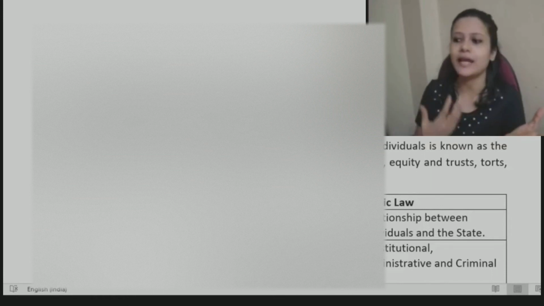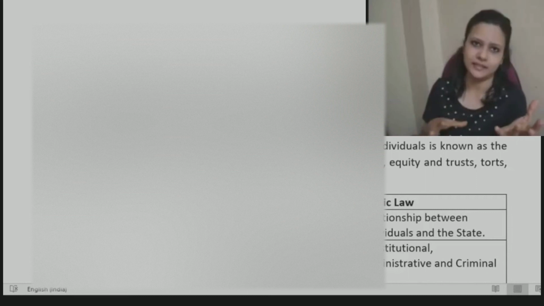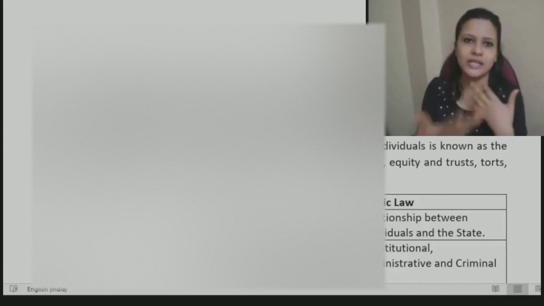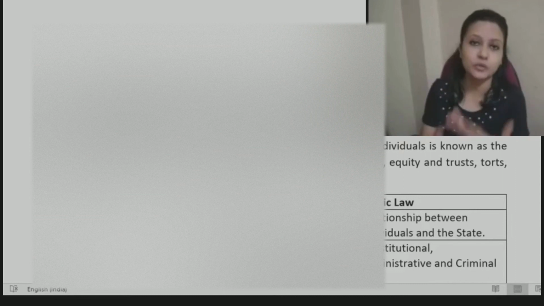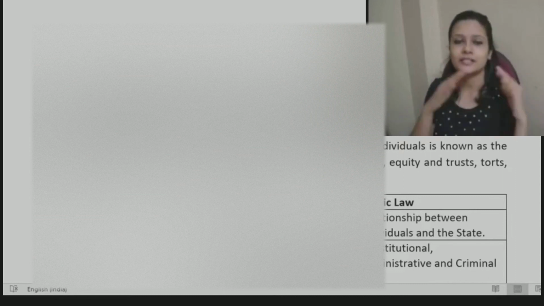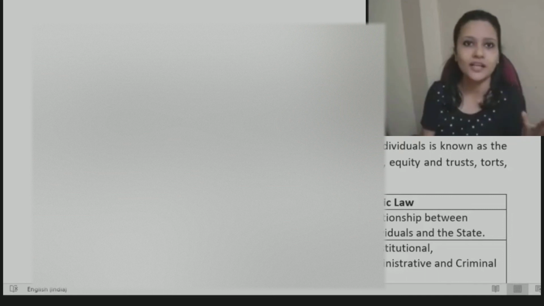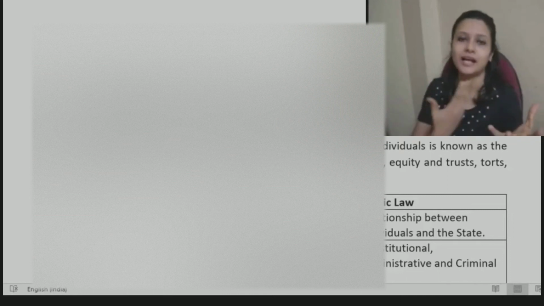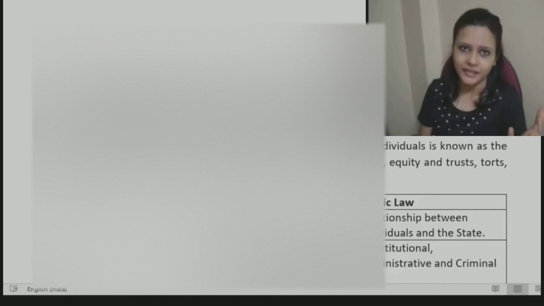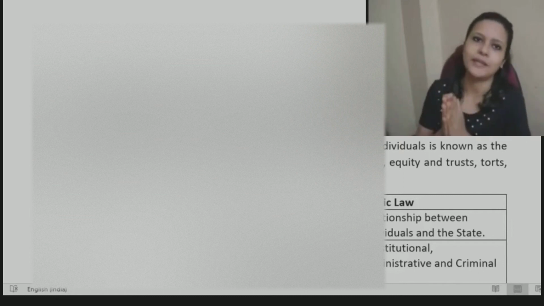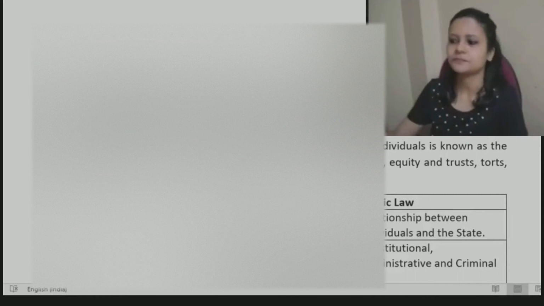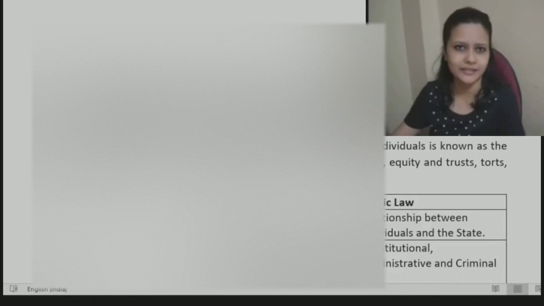So that's why it falls under the public category of right. It's not a relation between two individuals, right? It's not like a contract between you or me, but rather in a broader sense, it is the government on the one side and our relation with the government. That's why we say it falls under the public law category. Okay, constitution is clear, I guess, right? You anyways know. Yes.